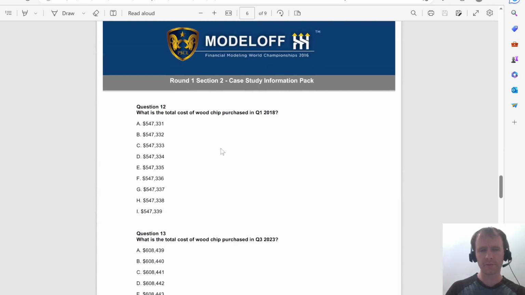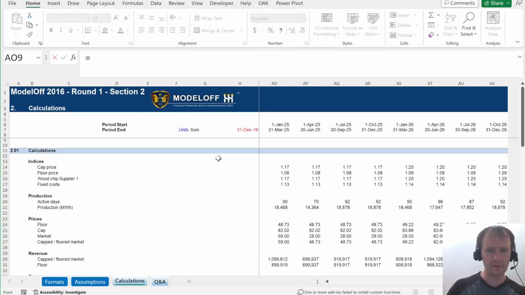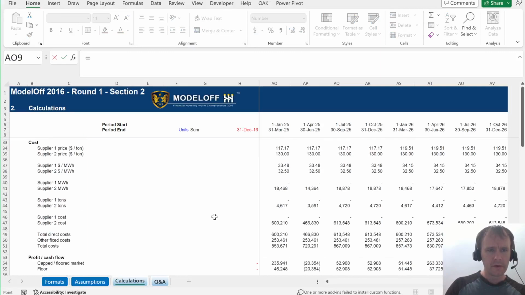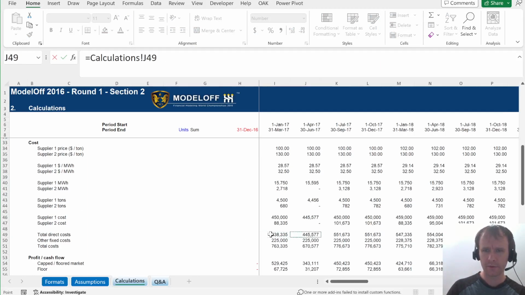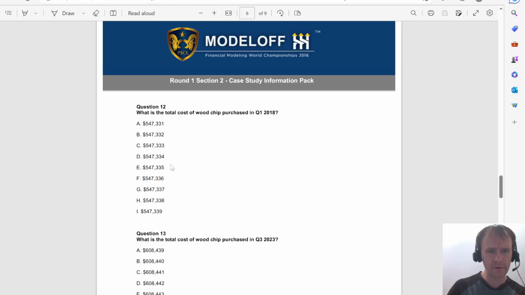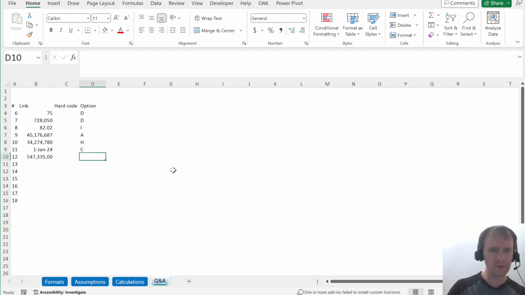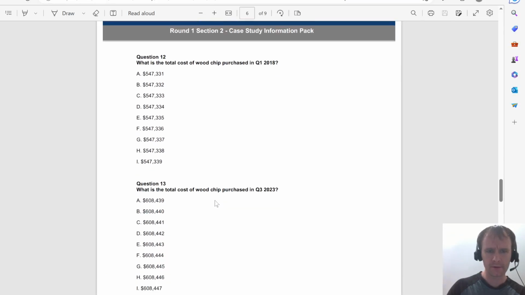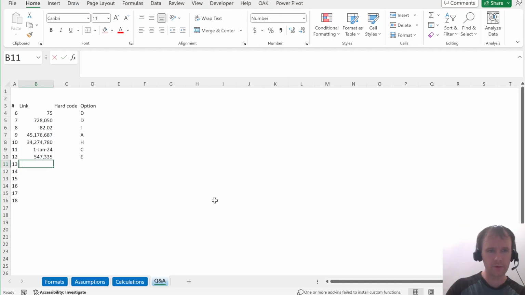Total cost of wood chip purchased in Q1 18. Total direct costs, which is wood chip purchased in Q1 of 18. That's there, 547,335, which looks good, is E. Okay, question 13, total cost of wood chips in Q3 23.